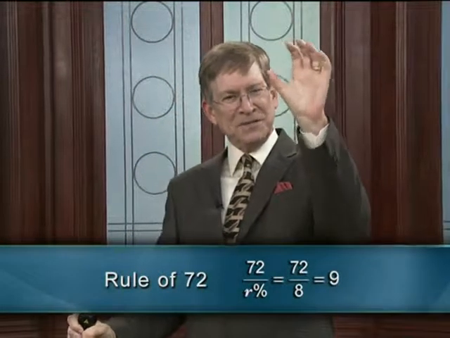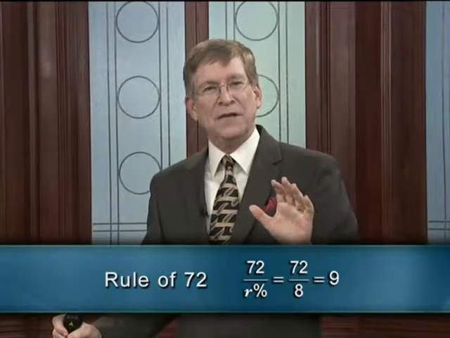Keep that in mind, because you might remember we talked about the rule of 70 for continuous compound interest. Well, there's also a rule of 72, which is much more common. And the rule of 72 is for interest compounded annually, as in the previous example. What that rule says is, if you want to know the doubling time, take 72 and divide it by the interest rate.